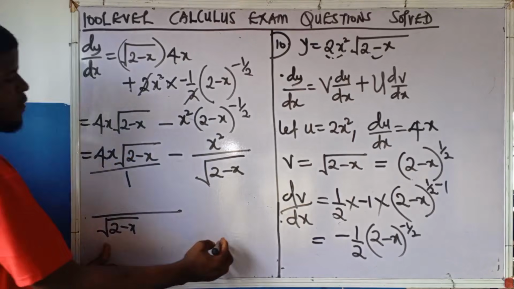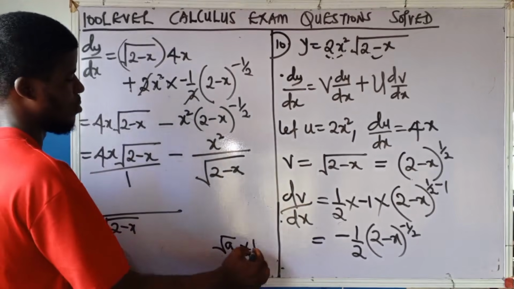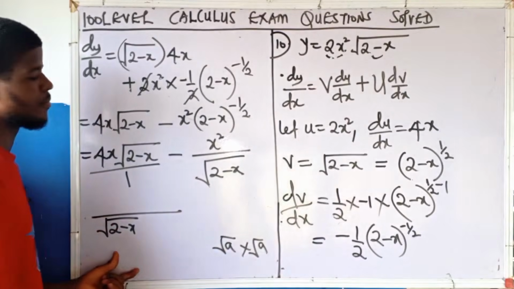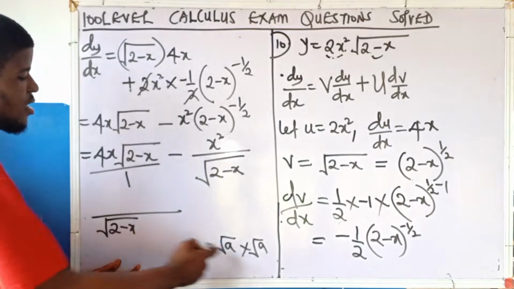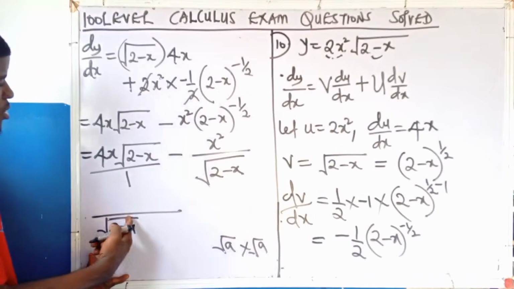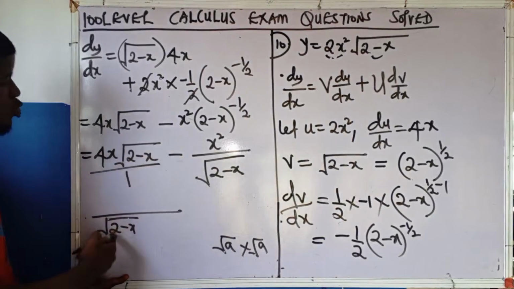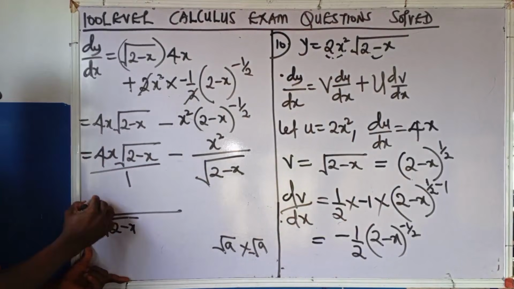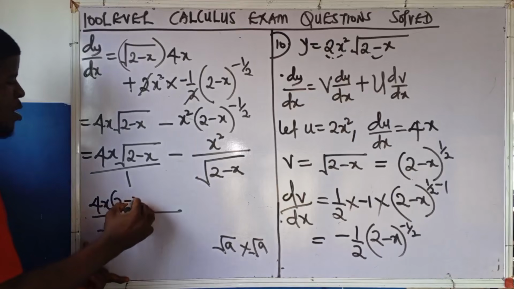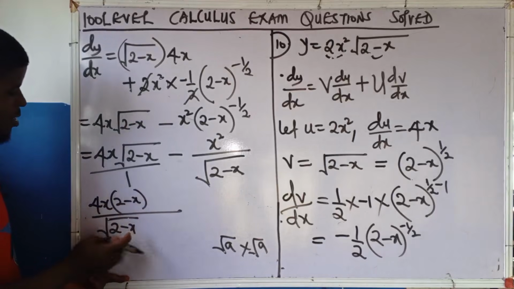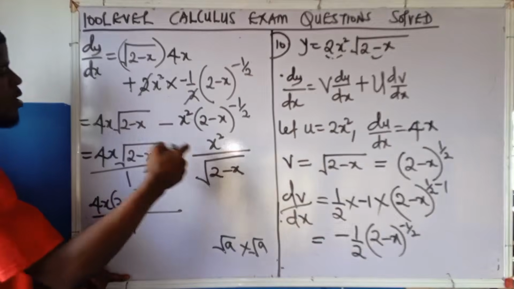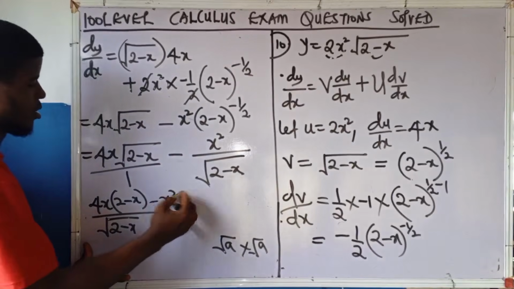The law of surds says if I use root a to multiply root a, I'm going to get a, the number in the square root, as far as they are the same. So root 2 minus x times root 2 minus x is 2 minus x times the 4x, that will be 4x into 2 minus x. Divide this again by this, you're going to get 1. 1 times minus x squared is minus x squared.